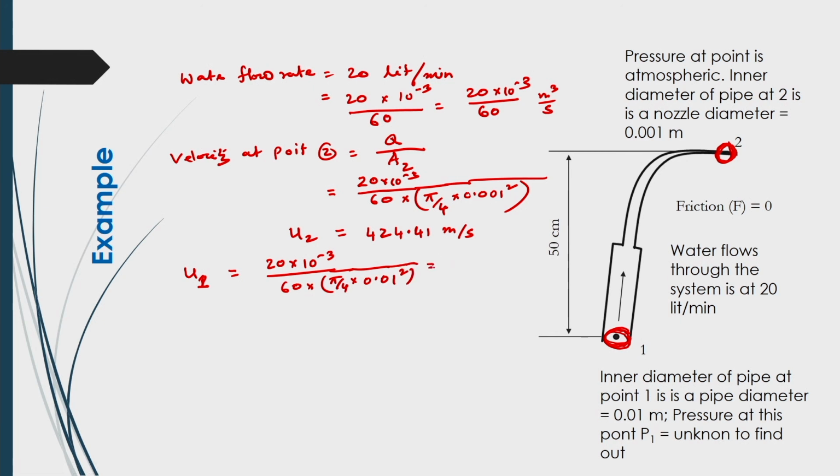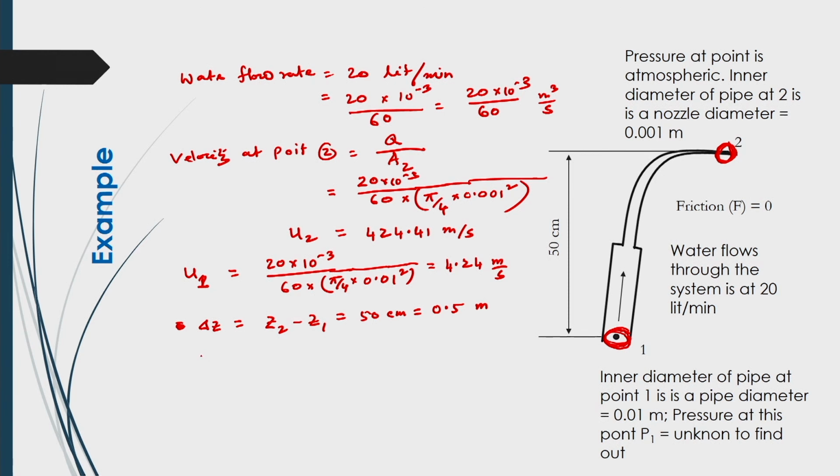So it will be 4.24 meter per second. And what is the elevation here? Elevation is delta z, that is z2 minus z1. This is here 50 centimeter, converting to meter it will be 0.5 meter.